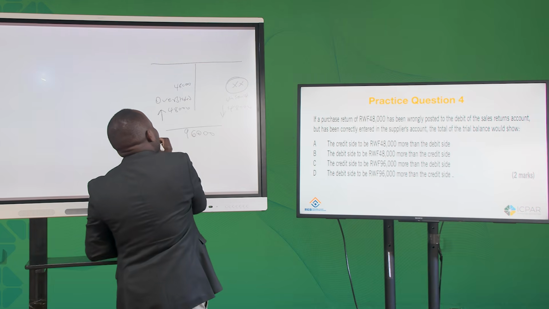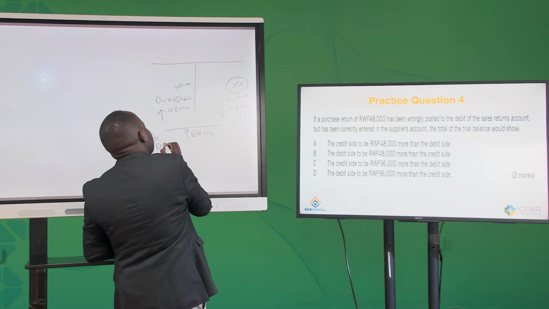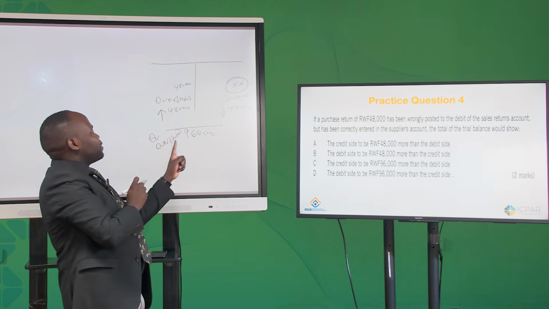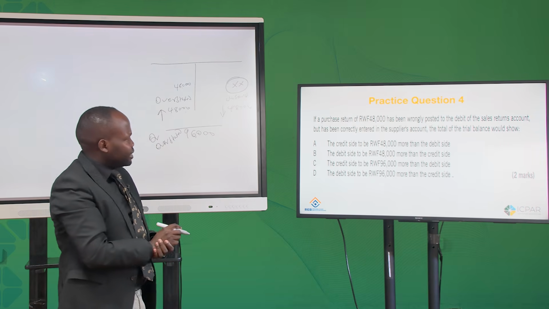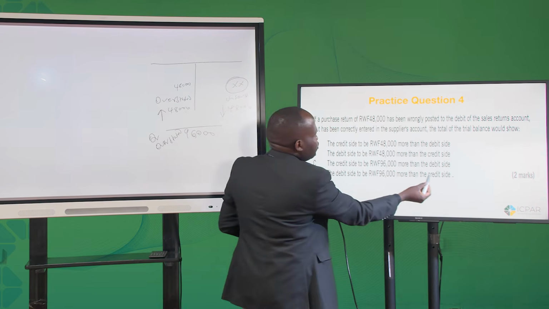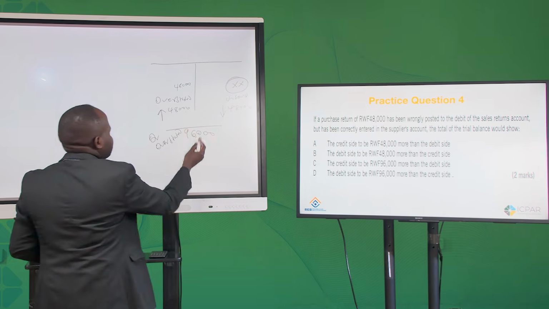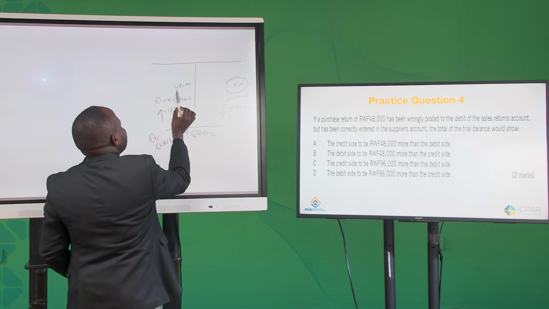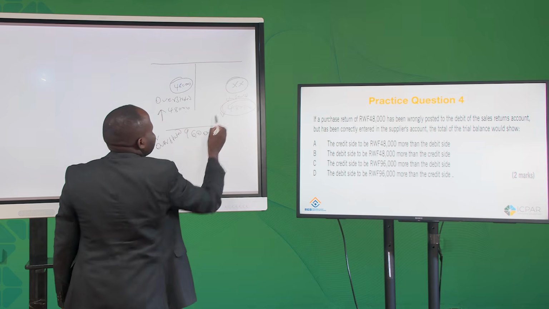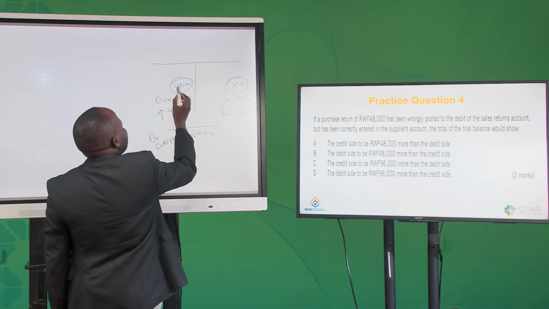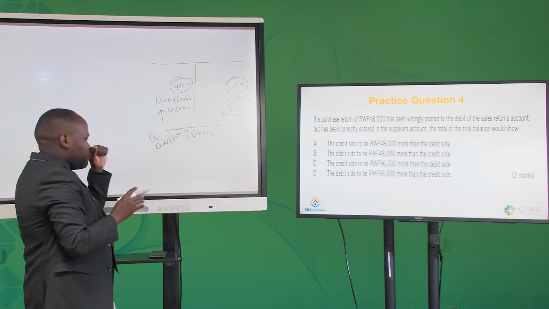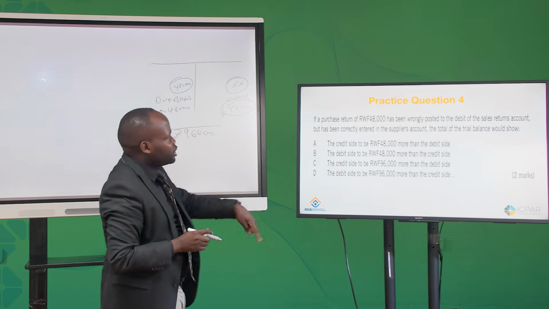So the debit side is overstated by 96, because the debit was overstated by 48 and the credit was understated by that. If you project a number line, the difference there is 96.